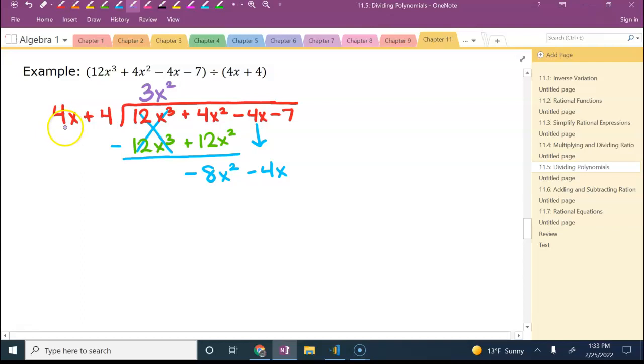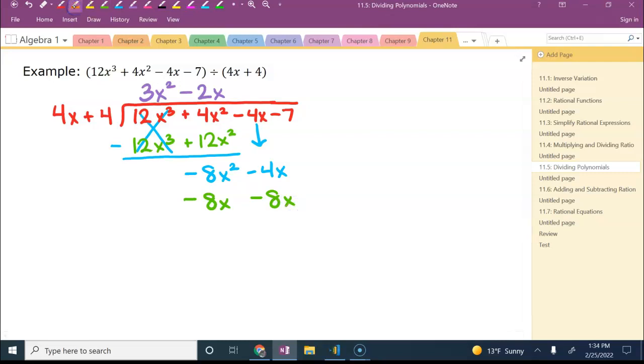So now we're trying to go from 4x and get that to be a negative 8x squared. So 4 times a negative 2 would be your negative 8. And then I have x, I need x squared, so we're going to take it times x. Then again, you distribute, so negative 2x times that 4x would be negative 8x squared. Negative 2x times the 4 would be a negative 8x.